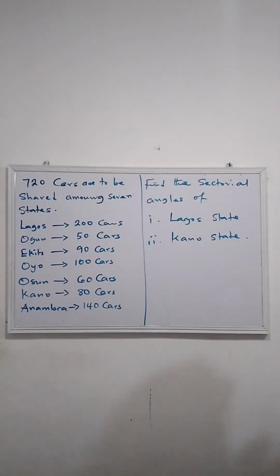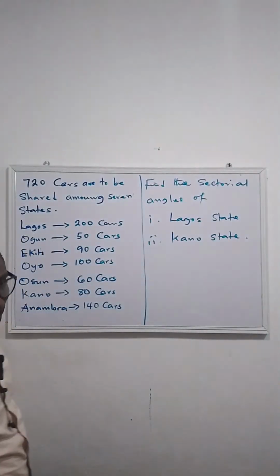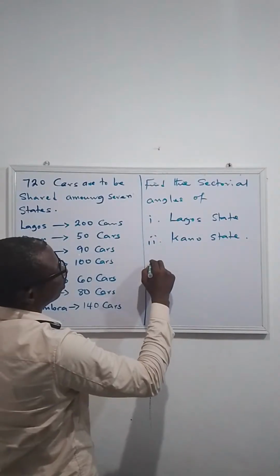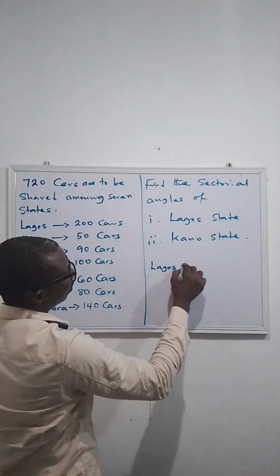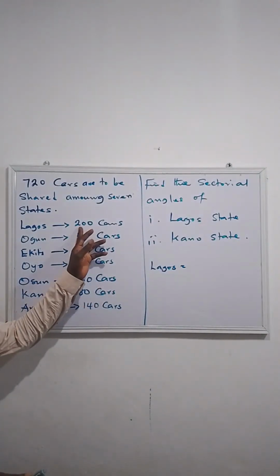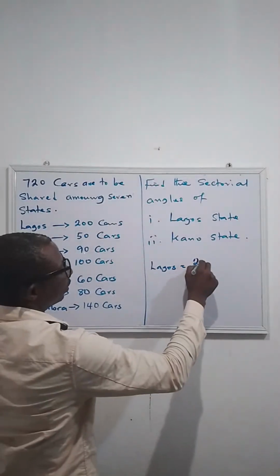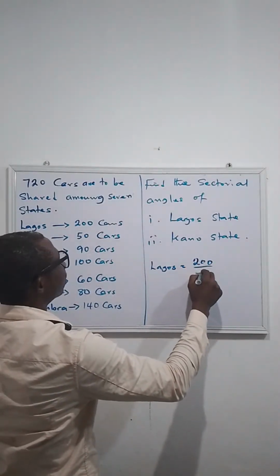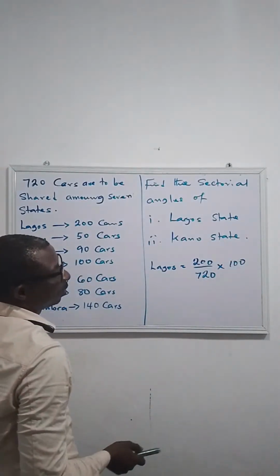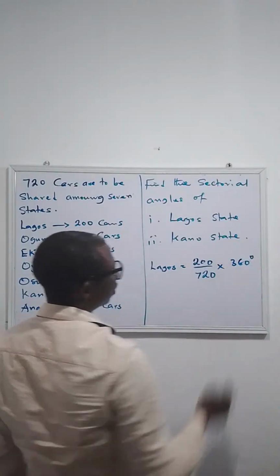All right. Okay, so there's no big deal in it. So I think, for those of us that have it, it's very simple. So the sectorial angle for Lagos is going to be the cars for Lagos over the total available cars. So that is 200 over 720 times 360 degrees.